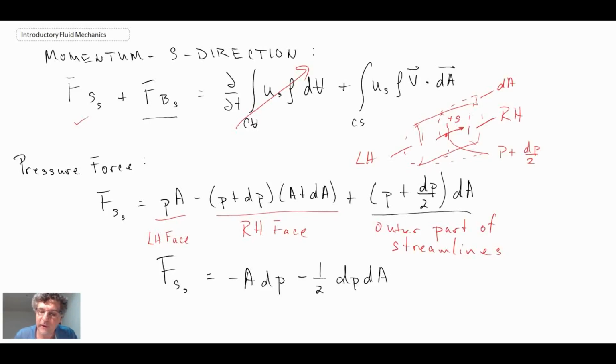Okay, so what I've done here is I've just expanded out some of the terms, and if you go through the math, you'll find that some of them do cancel out. It's not the cleanest, but that's where we will stop with that part. And next we will move on to take a look at the body force.